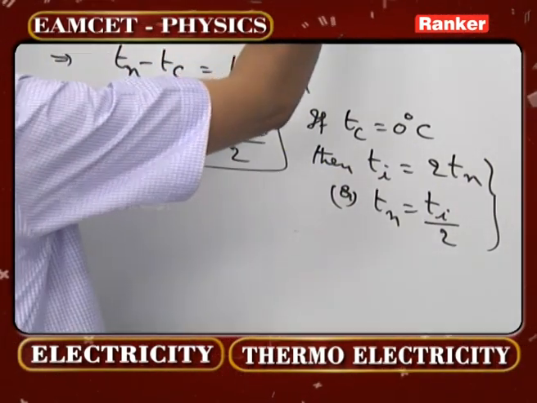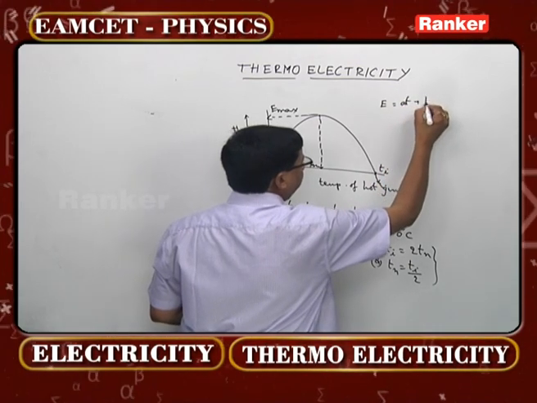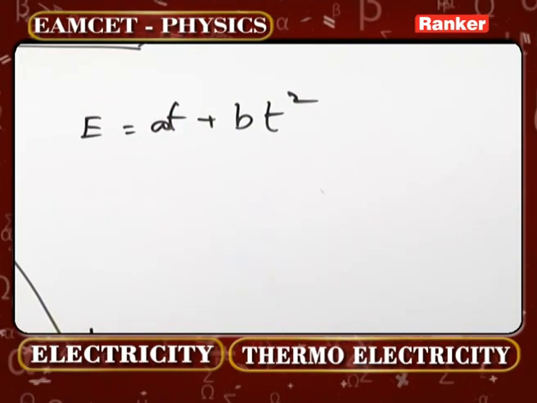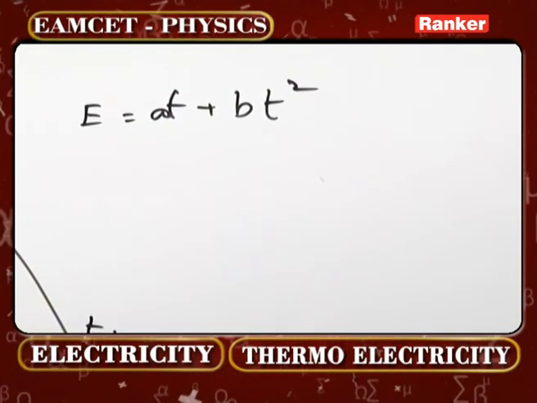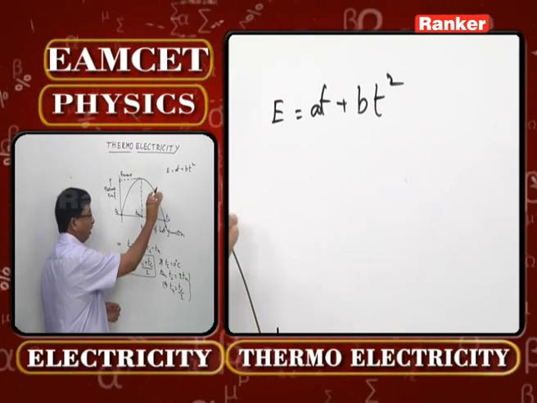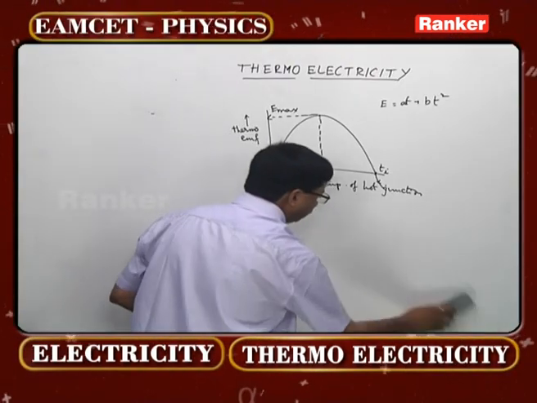Coming to the next one, this particular graph can be represented by the equation AT plus BT square. I have already told you that point. A and B are called thermocouple constants and T represents the temperature of the hot junction. Now there are two important conditions you can obtain from that equation.